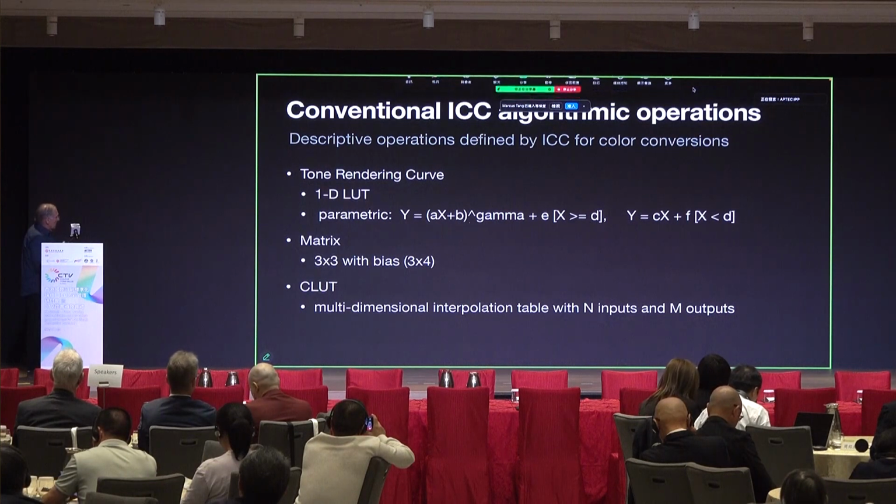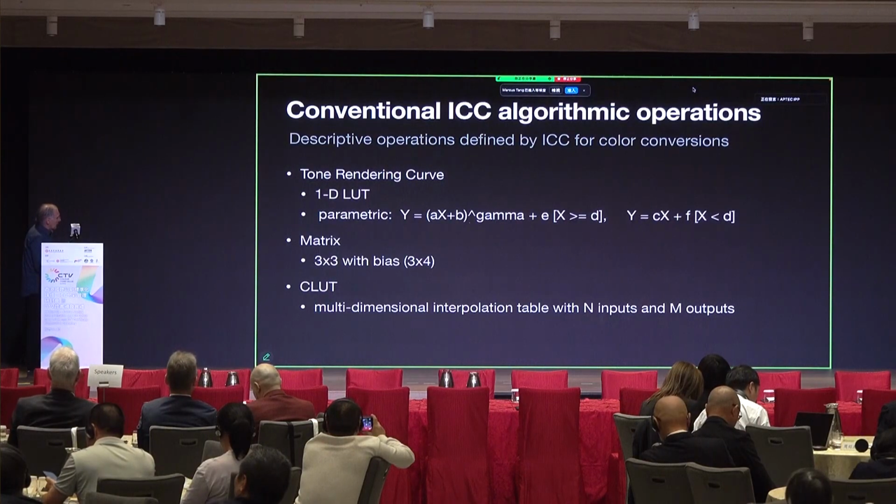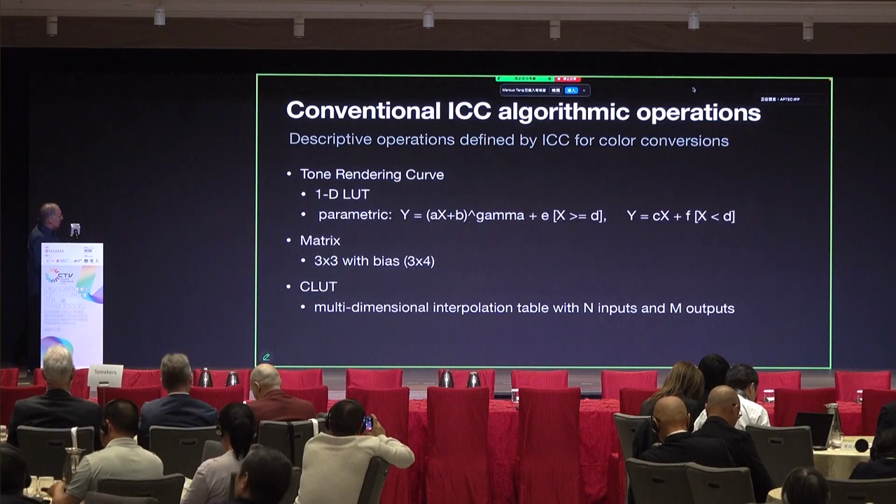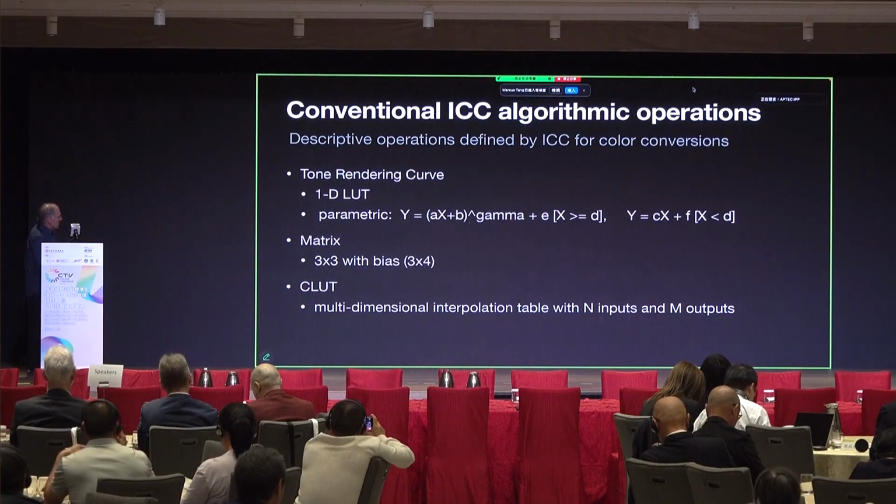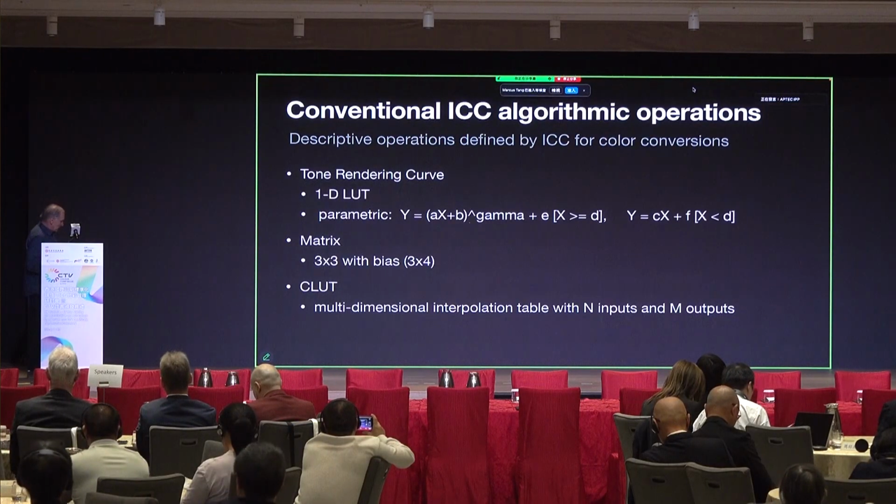We also have a matrix that allows us to combine components linearly, and at the end we have a color LUT, which we call CLUT for short, a multi-dimensional interpolation table which allows us to process n inputs and produce m outputs.